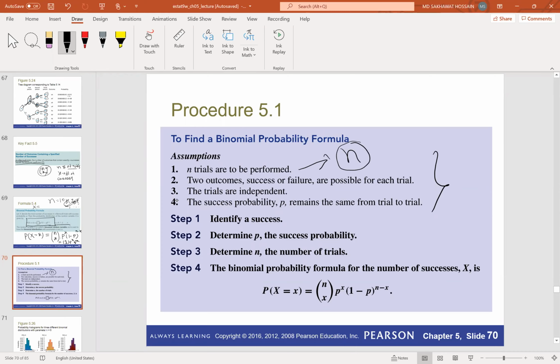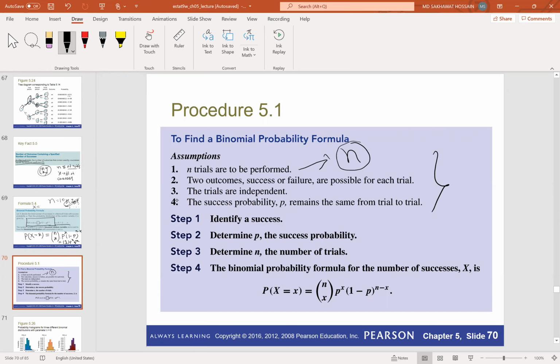There should be only two possibilities, not more than two. If there are more than two outcomes, then it shouldn't be a binomial distribution. Then it will be something else, but we are not going to cover that one. So number 2 is two outcomes, success or failure, are possible for each trial.